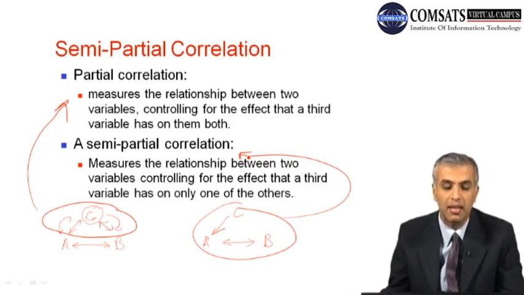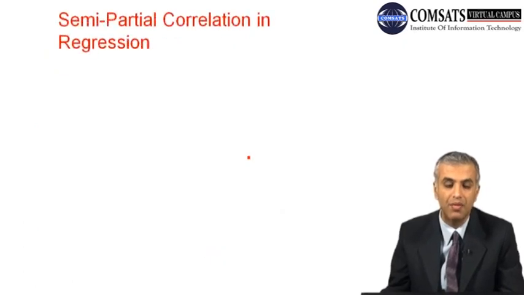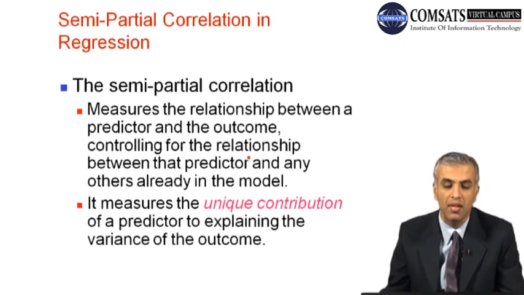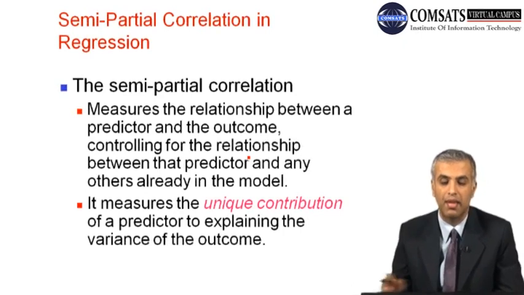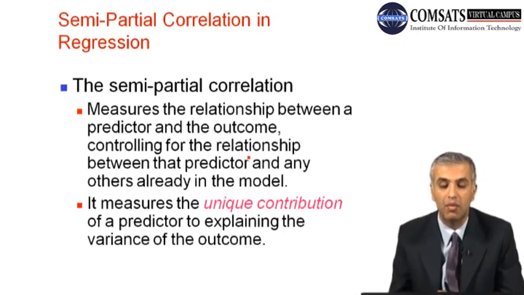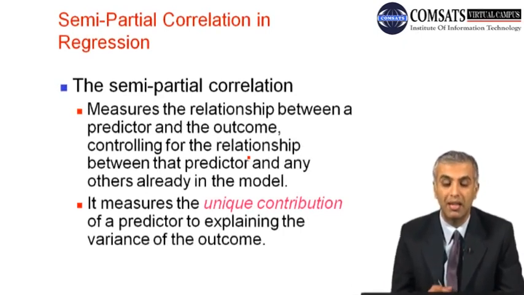And then we have got another issue, like let's say we want to explain this phenomena more. Then in this case it measures the relationship between the predictor and outcome and controls the relationship between the predictor and any other variable already in the model.